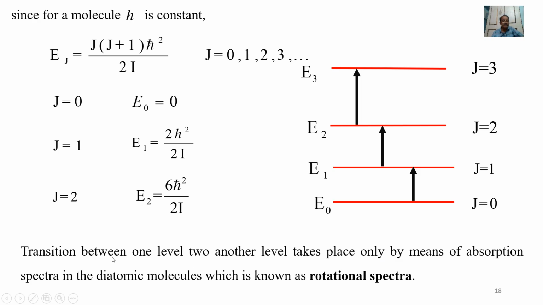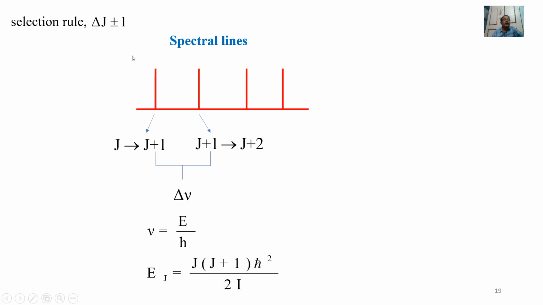Transition from one level to another takes place only by means of absorption in diatomic molecules, which is known as rotational spectra. And we are talking here about absorption. It goes from one level to another because it absorbs the energy from the external photon, and it has to obey a certain rule, which we call the selection rule, which is nothing but delta J equals plus or minus 1.